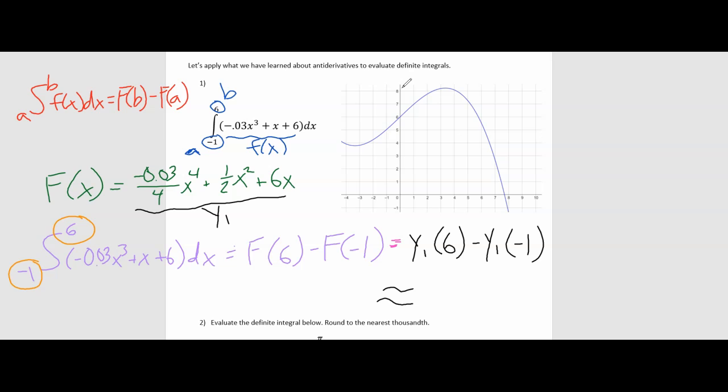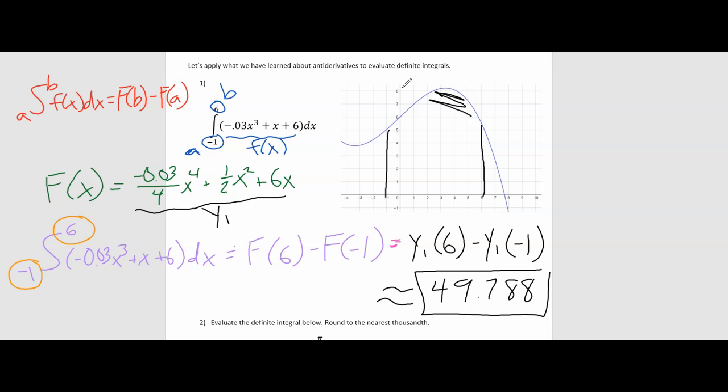So if we have that antiderivative correct, we end up getting an approximate area of 49.788. If you truncate, it would be 49.787. So again, that is the area between the function and the x-axis over this interval.